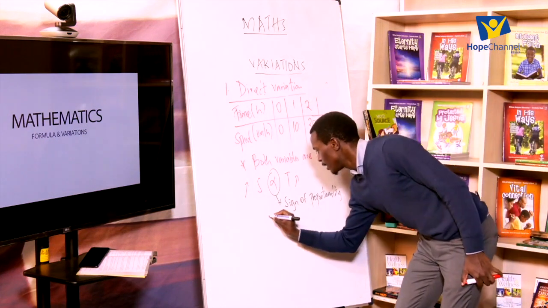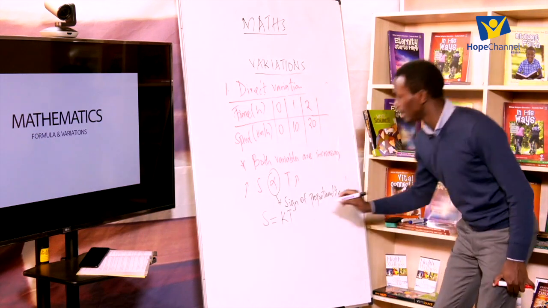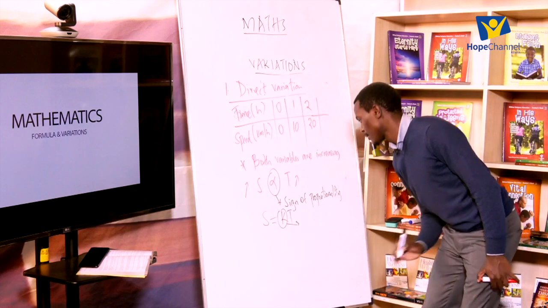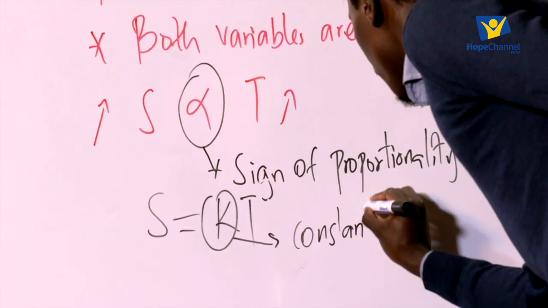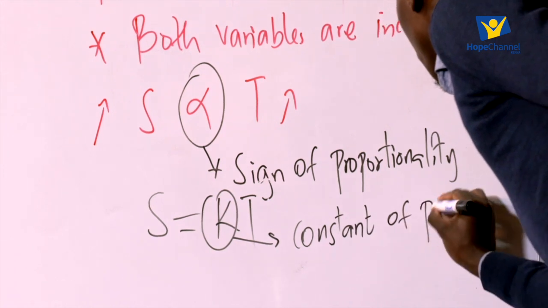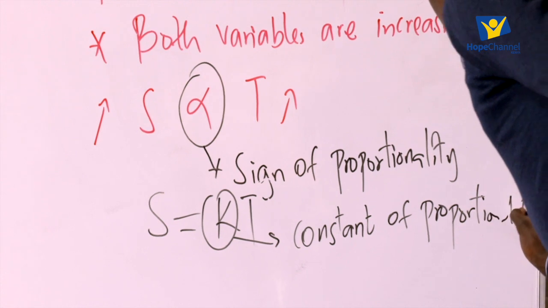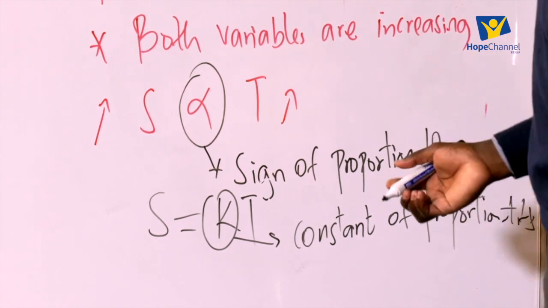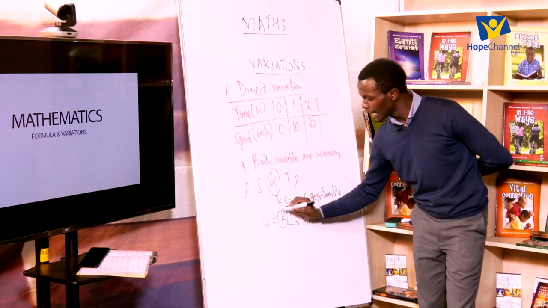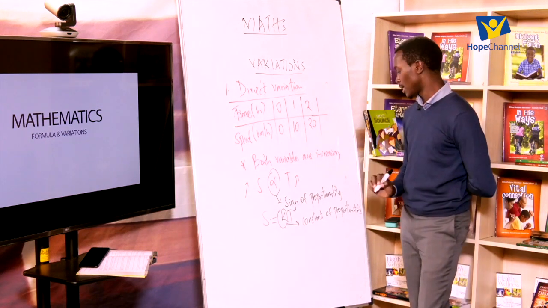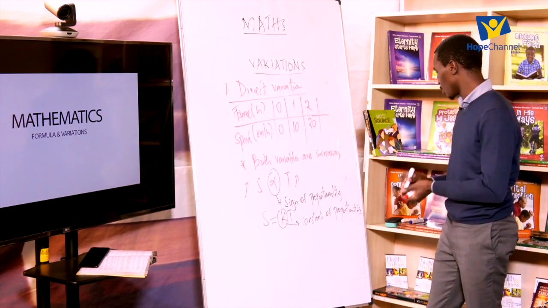We instead substitute it with a constant, for example, K. This K here is the constant of proportionality. Instead of the sign of proportionality, we replace it with an equal sign and then introduce a constant of proportionality. That is an example of direct variation, and I want us to do an example.